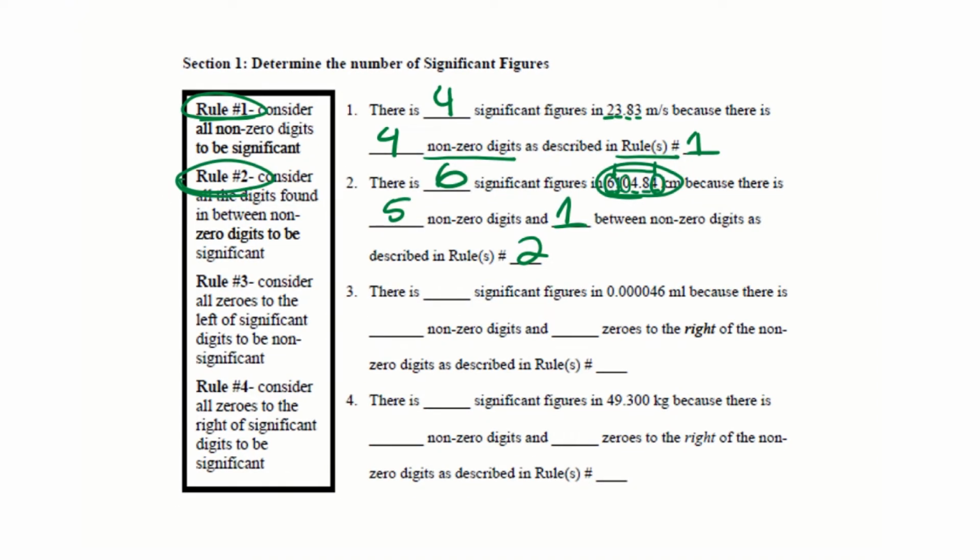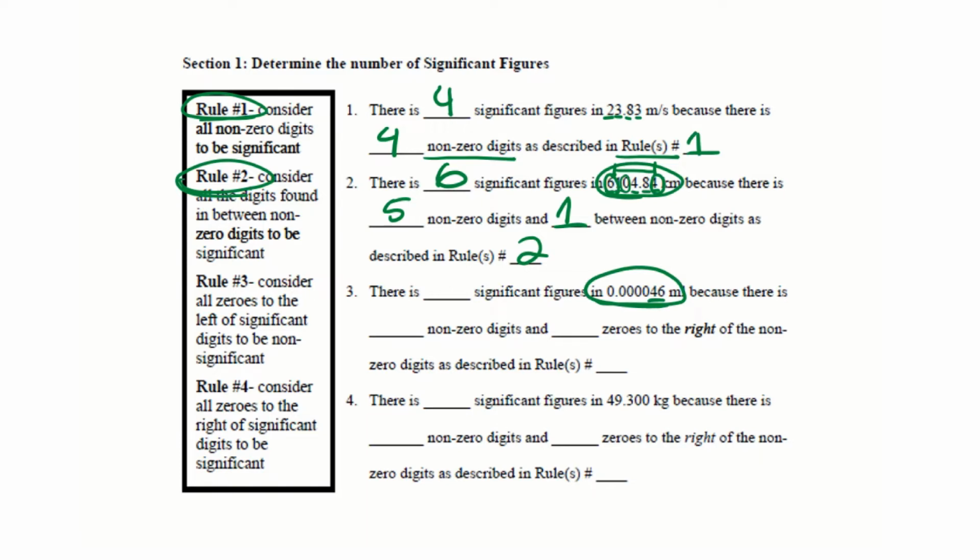Rule number 3, consider all the zeros to the left of significant digits to be non-significant. So if we have certain significant figures that we already know, any zeros found on the left-hand side of those are going to be non-significant. So for instance, they give us an example here.